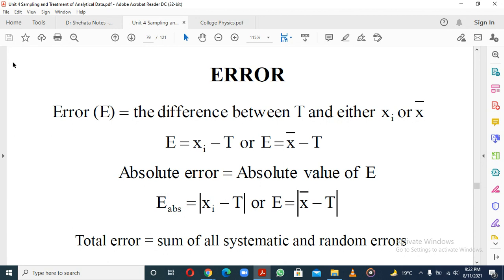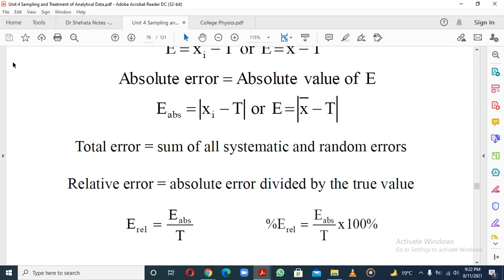Some get 10, some get 8. So you can either get the error by taking that one value that you've gotten and subtracting the true value from it, or if you've done a number of measurements, you get the average of those measurements, then you subtract the accepted value. Then that's going to give you an idea of the error that your value has.